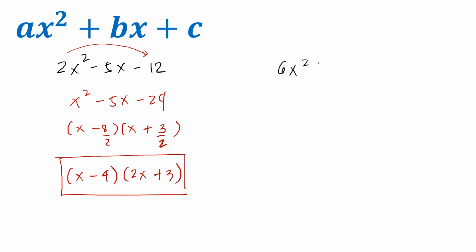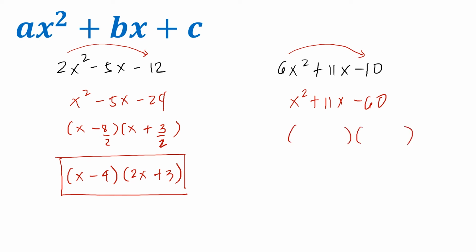6x squared plus 11x minus 10. Again, I will reduce this into a trinomial where the coefficient of x squared is 1. So I will multiply the third term by the coefficient of x squared and have x squared plus 11x minus 60. Now I'm thinking of two numbers whose product is negative 60 and whose sum is positive 11.